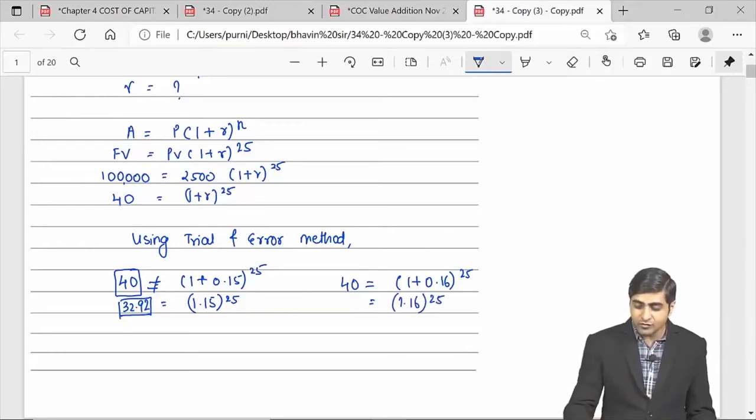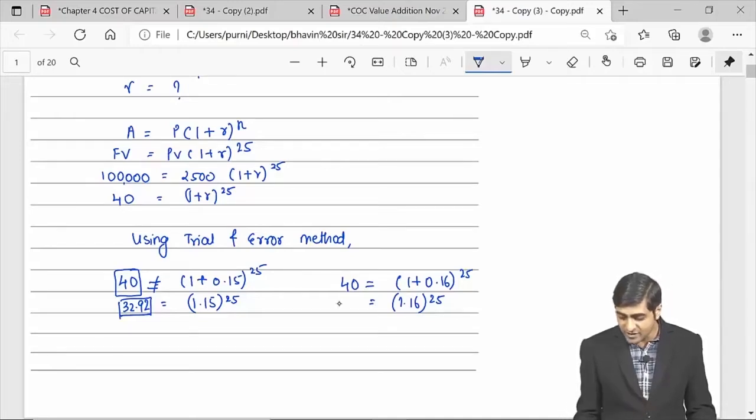So now this will give you 1.16 squared, 3, 4, 5, up to 25. So this gives you 40.87. This is the future value interest factor.